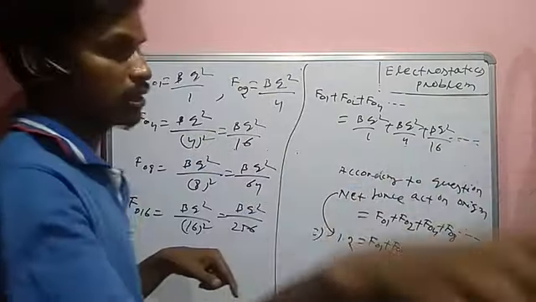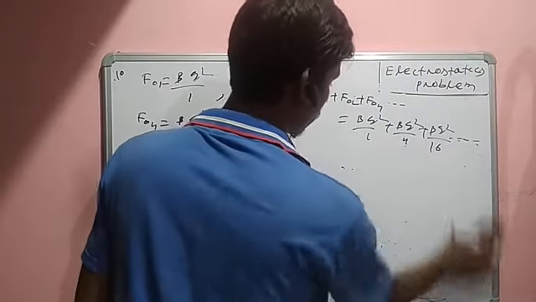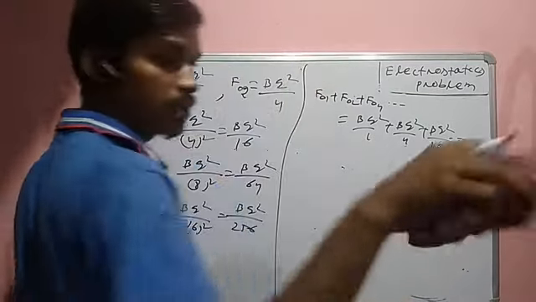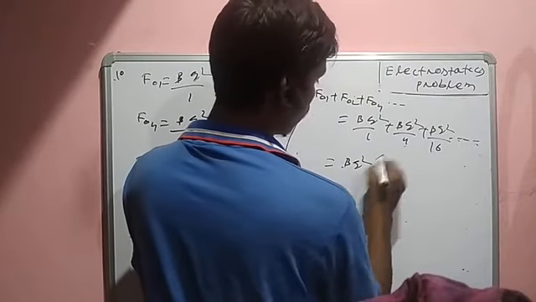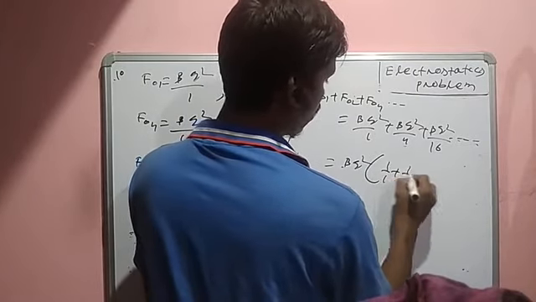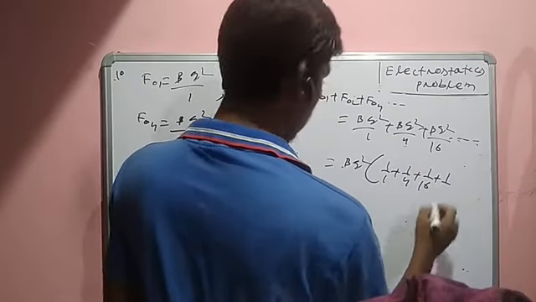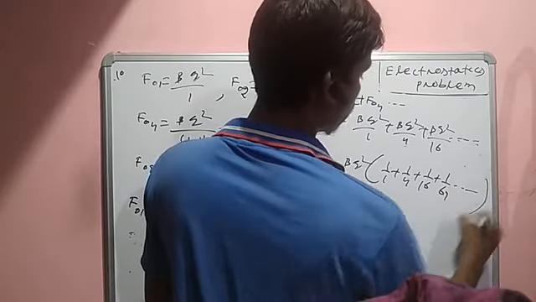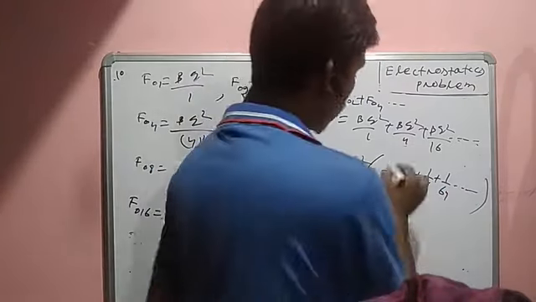That means, taking k q squared common: 1 by 1, 1 by 4, 1 by 16, 1 by 64. First of all we have to find the value of this.